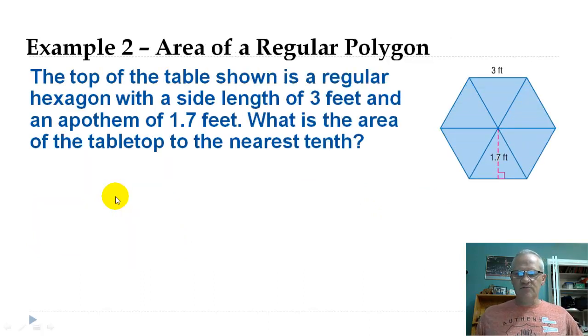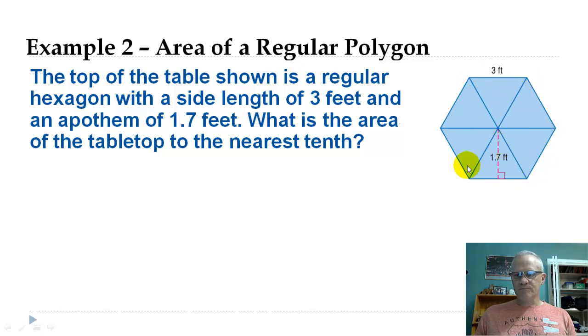So let's get into finding some areas of these things. Okay, so this is a regular hexagon. And if you notice what's happened here in this hexagon, lines have been drawn from the center to each vertex.